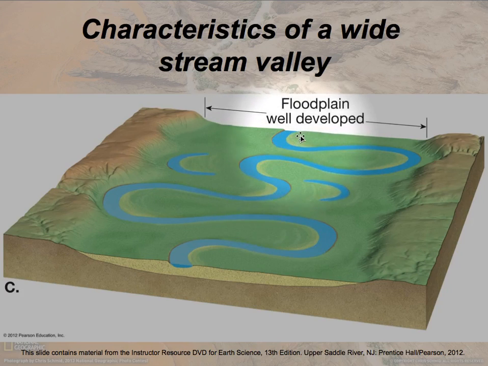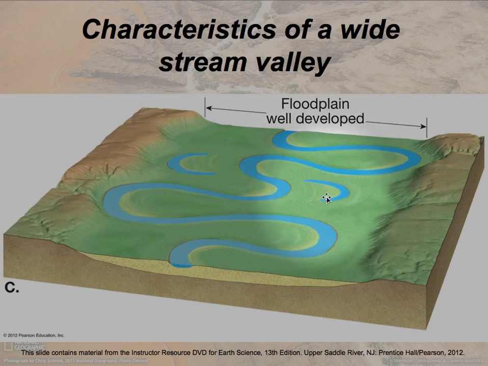Then, as this body increases depositionally, it will create a bridge of land right in there, and this part of the river becomes cut off. It no longer is part of a river. It's called an oxbow lake. It's basically a cut-off lake.